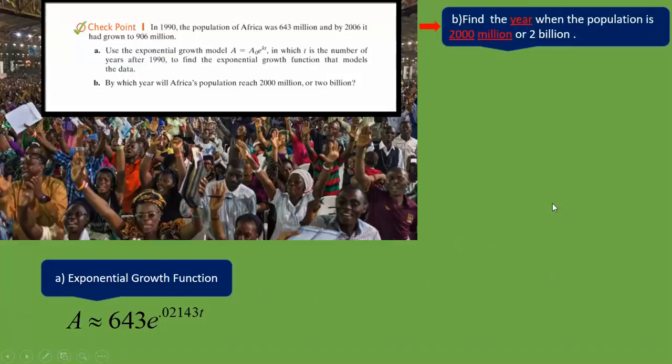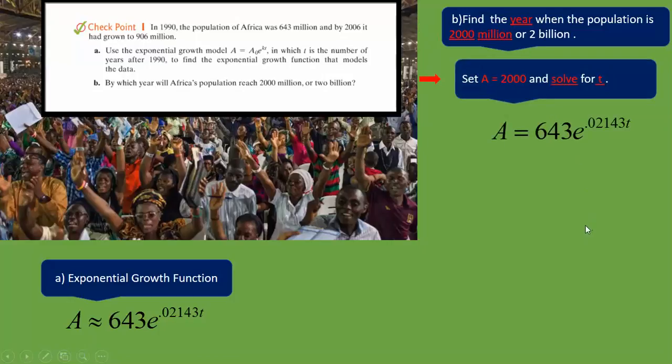So the second part of the question is this: find the year. So here we want to find the year when the population is 2,000 million or 2 billion. So in order to answer that question, we set A equal to 2,000 and we solve for t.